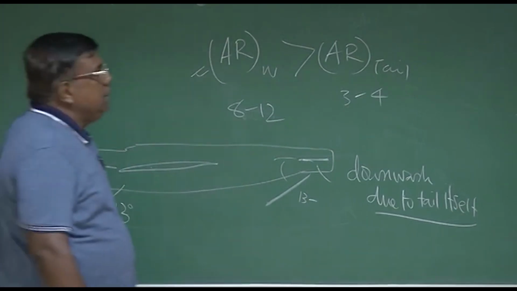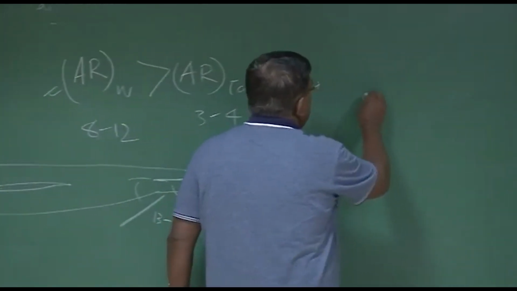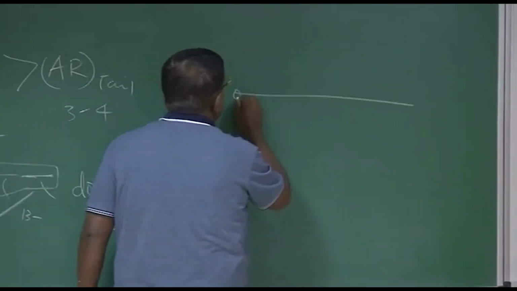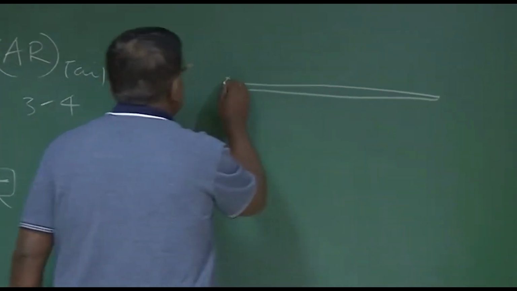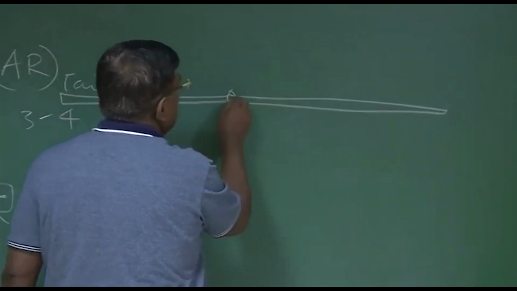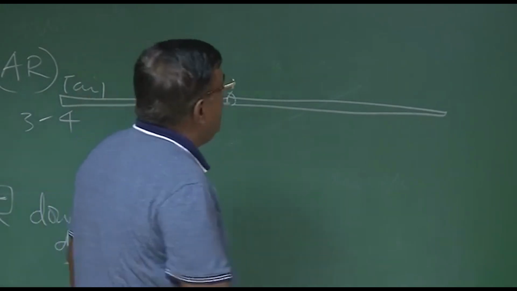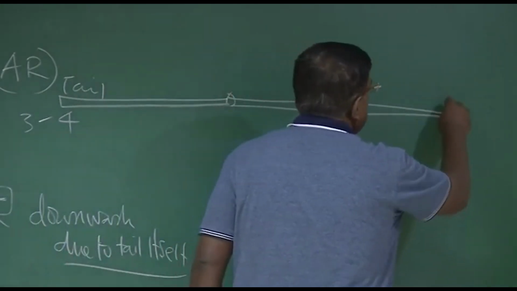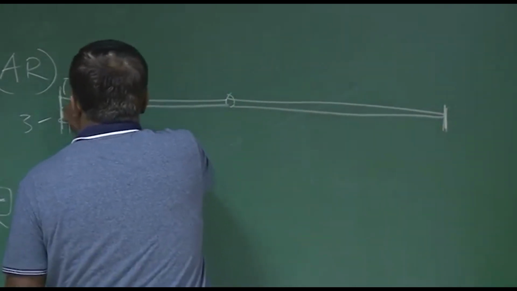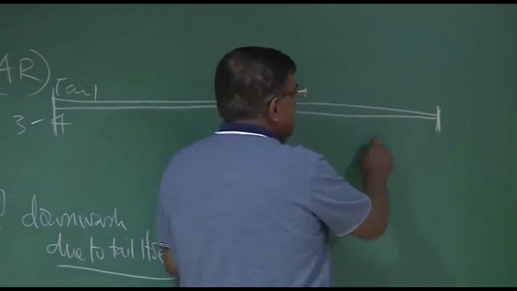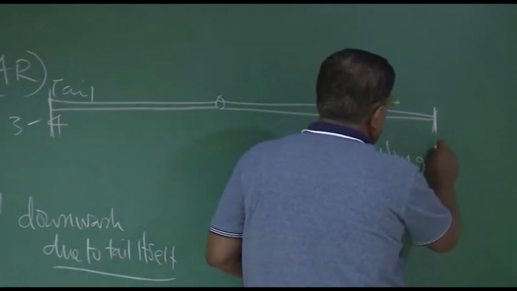You will also see that if I have a high aspect ratio wing like this, to reduce the induced drag, we put some plate here, and we call it a winglet, right? Winglet.